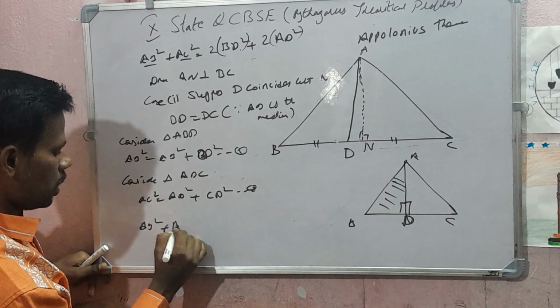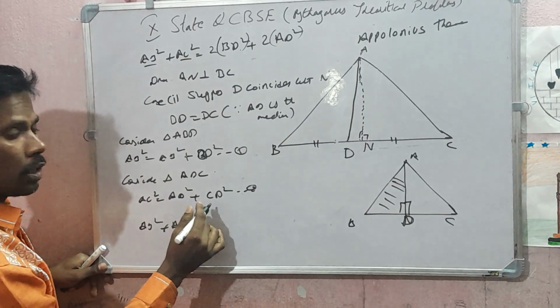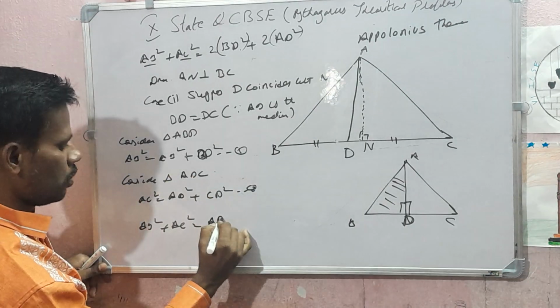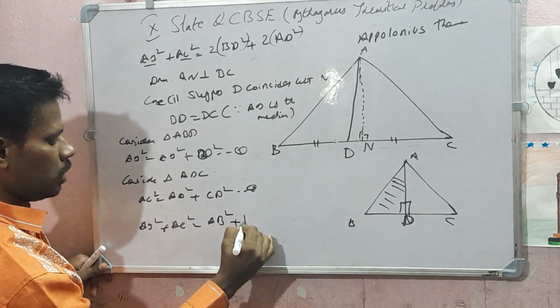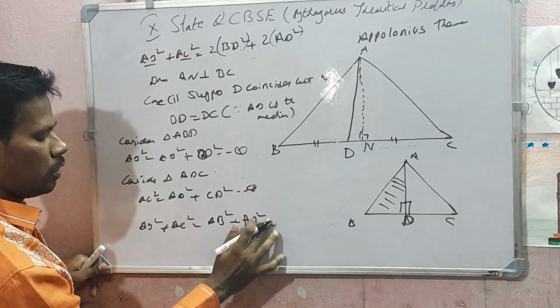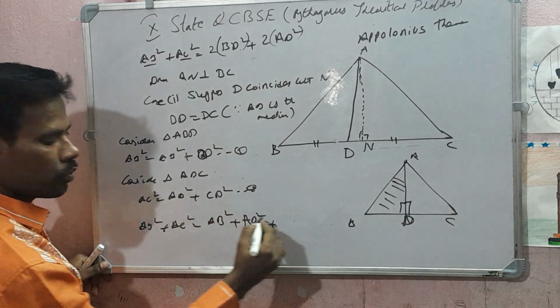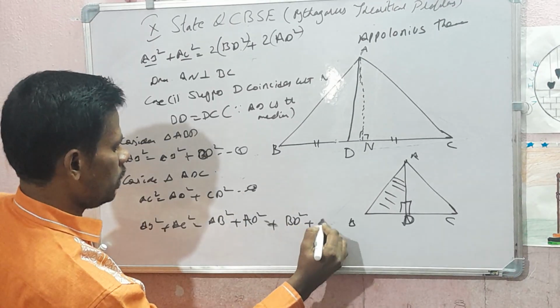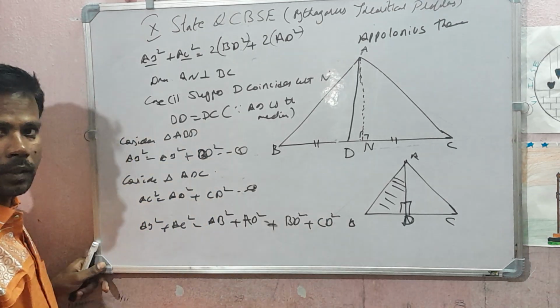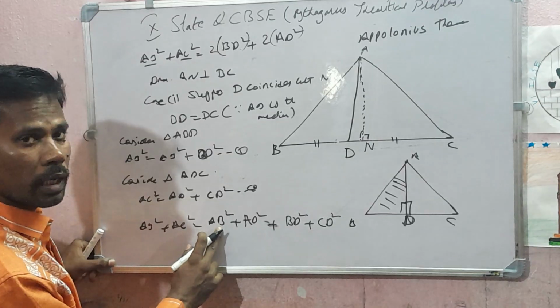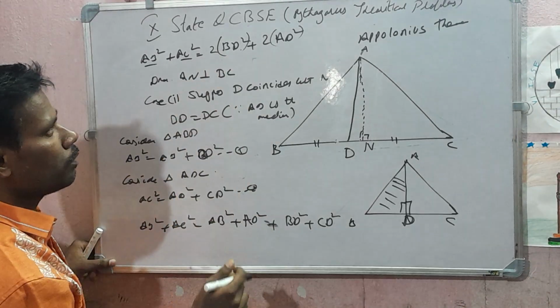AB square plus AC square is equal to AD square plus BD square plus AD square plus CD square. What we have to prove is twice BD square.